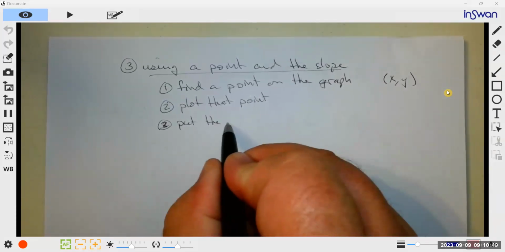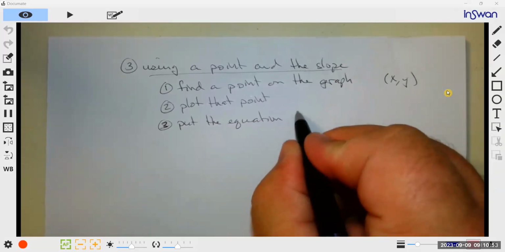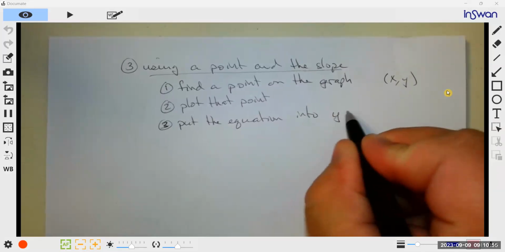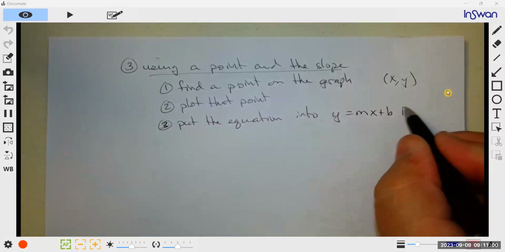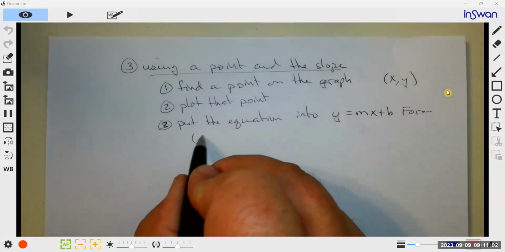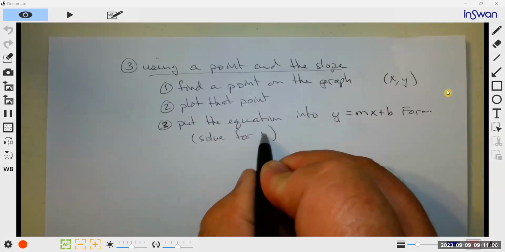Then put the equation into slope-intercept form. In other words, solve for y.